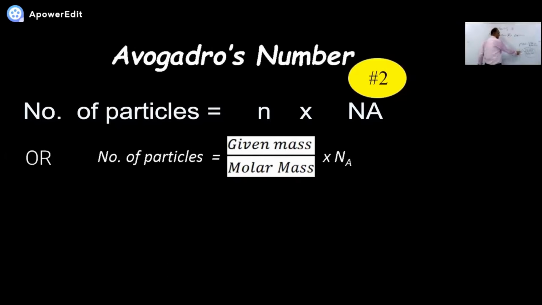N, instead of writing this N, can we write this value? Yes, we can. So the final formula to find out the number of particles will become, we'll not write N, we'll write given mass upon atomic or molecular mass into Avogadro number.